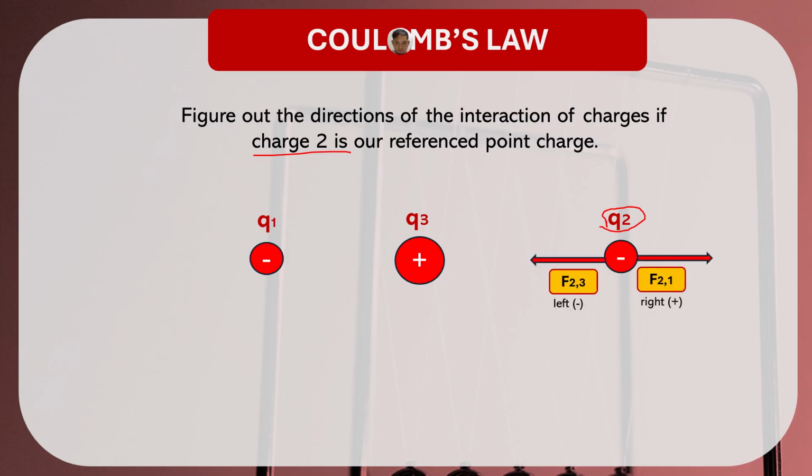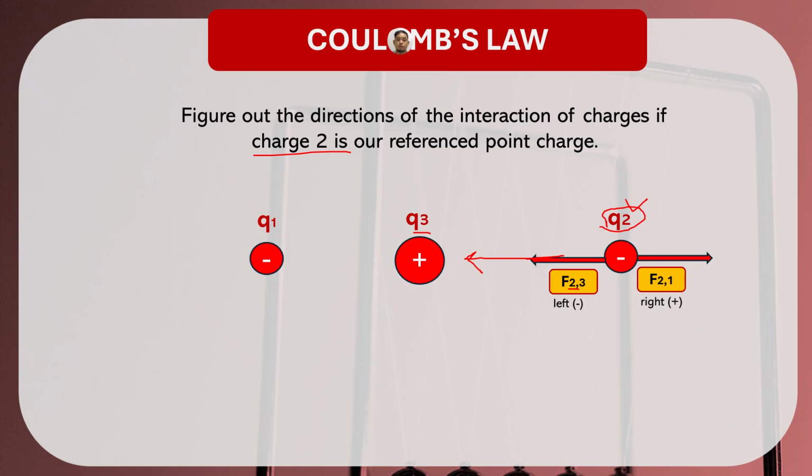Now the answer is this. Force on charge 2. Charge 2 is our point charge, so we wrote charge 2 first, and then the interaction between charge 2 and 3. Positive and negative will attract. Charge 2 will feel the force, and then charge 3 will do the pull or push. Since positive will attract negative, it will pull negative towards it.